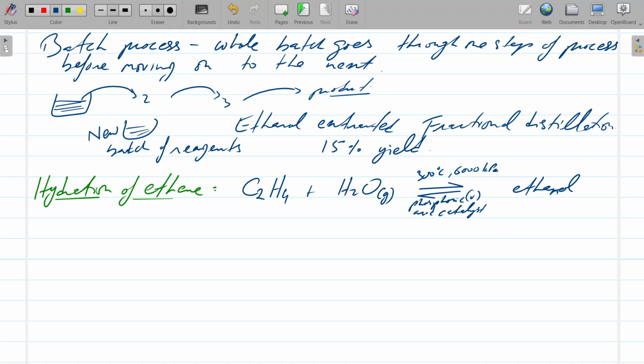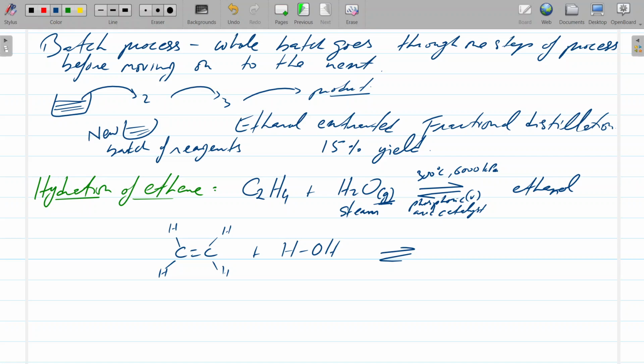Okay. So just to write, this is steam. It's not liquid. Obviously at 300 degrees centigrade, you're not going to have liquid water. So what's happening over here? You've got ethene, and you've got water, and you write it out this way, HOH.